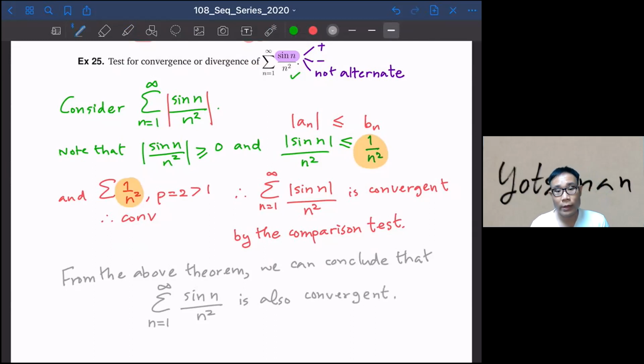Okay, so that's how we do this one. If you have a series that you are not able to control, just put absolute value. If the series turns out to be convergent with absolute value, the series itself turns out to be also convergent.